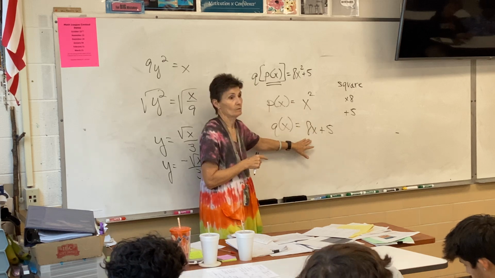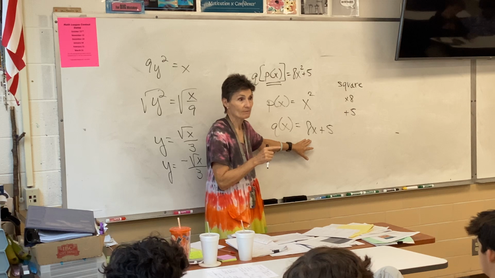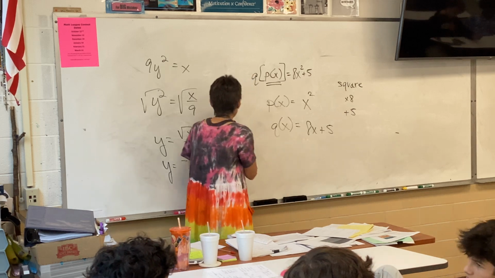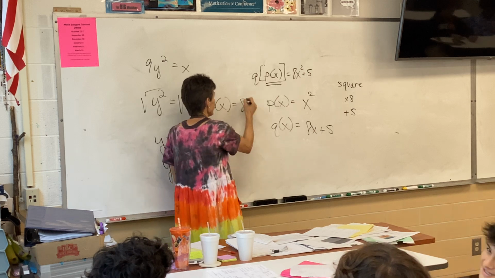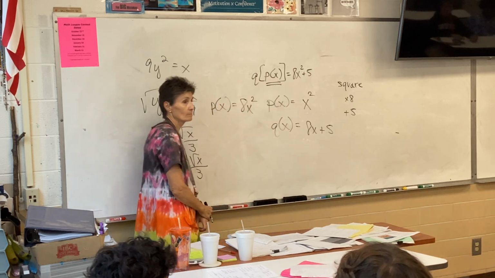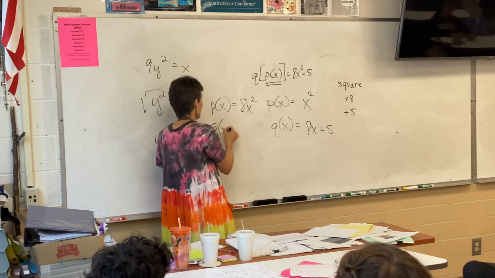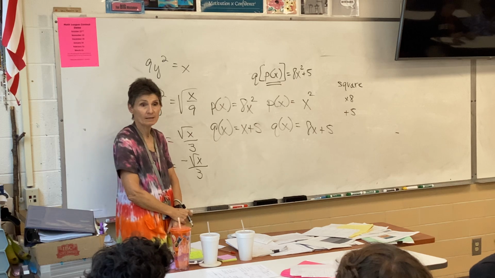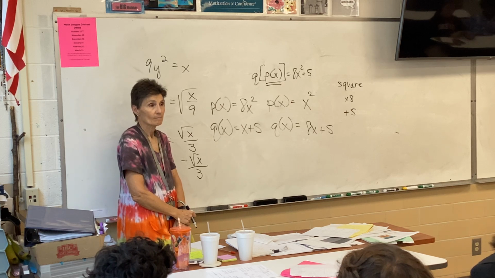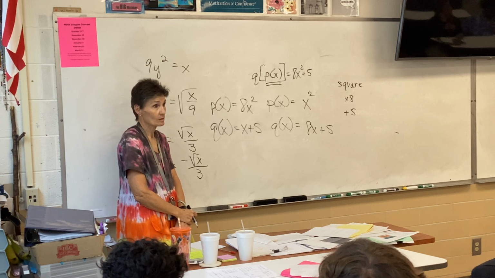What does this one do? Times by 8 and adds 5. Now, you could also build a P like this, multiplying by 8 after squaring, and then Q would take that output and add 5. Either one of those.